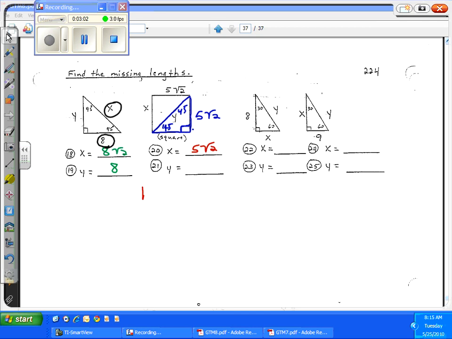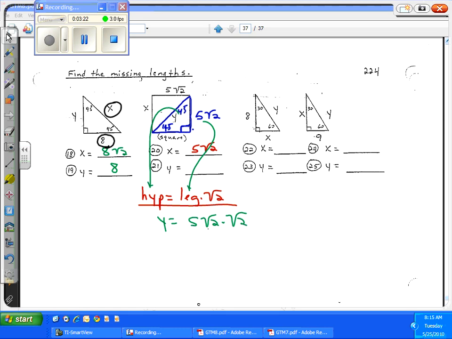In the 45, 45, 90, the hypotenuse is equal to the length of a leg times the square root of 2. So hypotenuse y is equal to leg 5 square root 2 times square root 2.